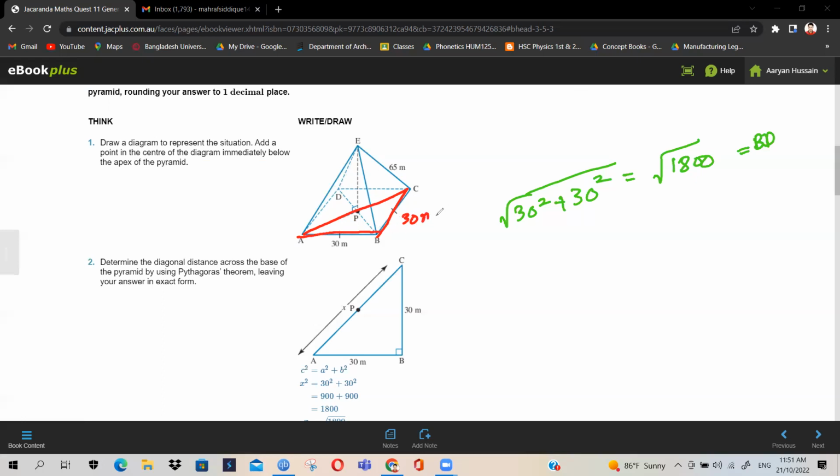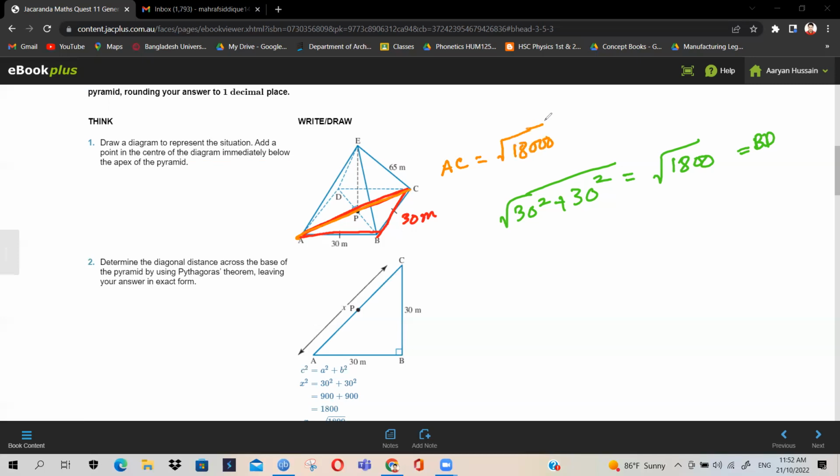That is why it looks like that, but it is a right angle triangle. So now I am getting the value for AC. AC equals root over 1800.